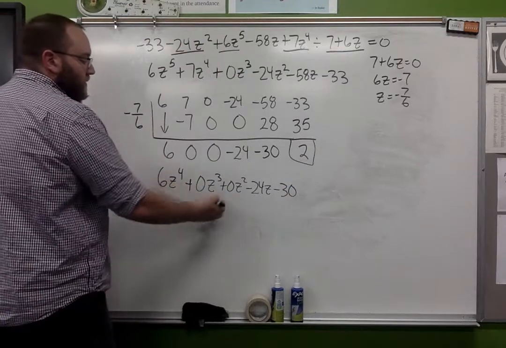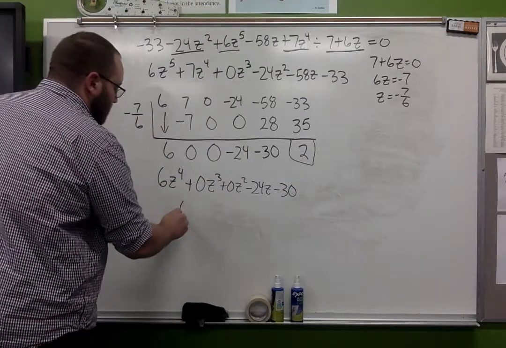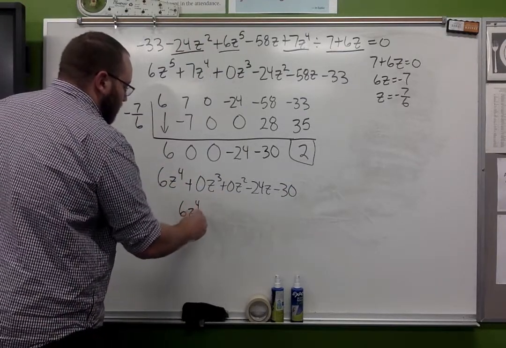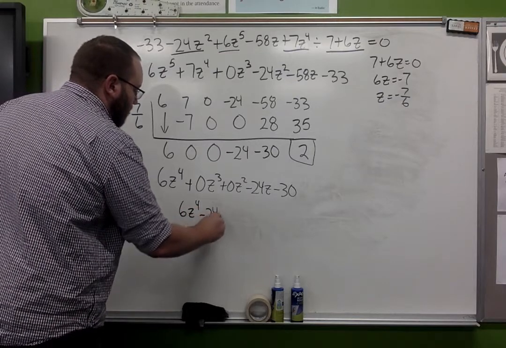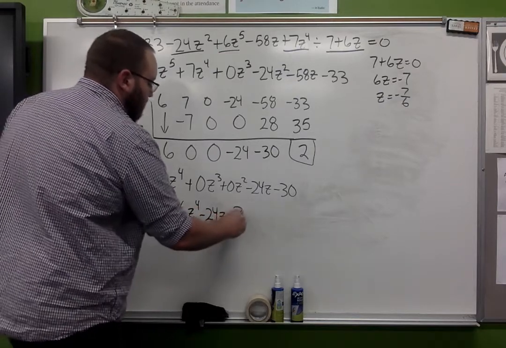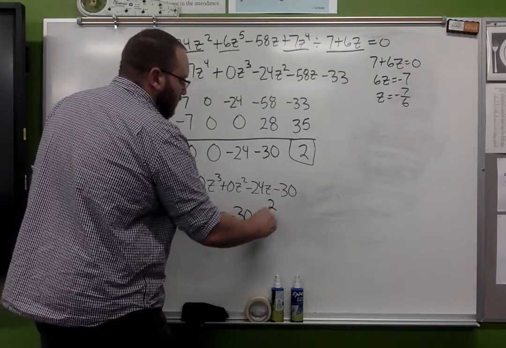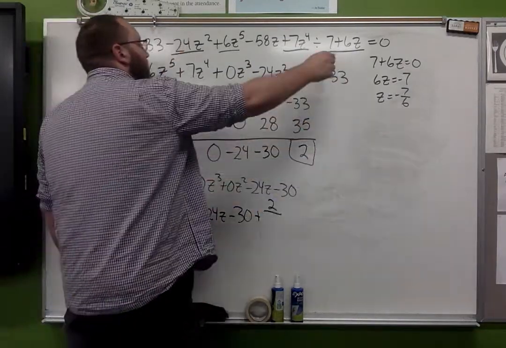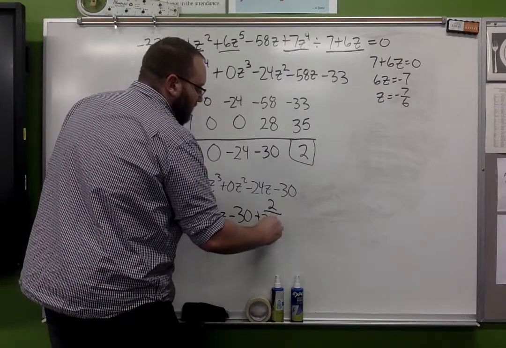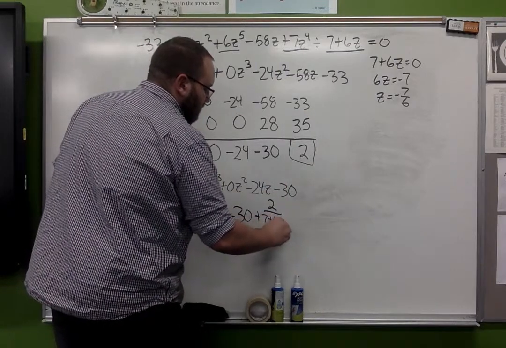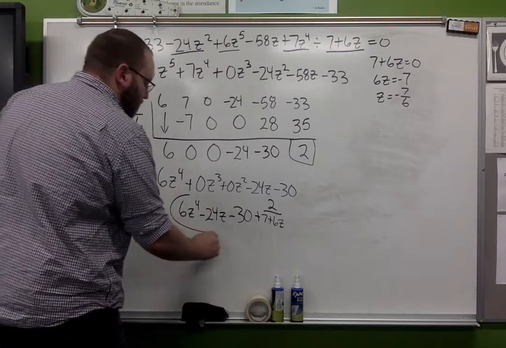We don't need to write this, so I'm going to simplify. 6z to the 4th minus 24z minus 30. Remainder of 2, so plus 2 divided by, what did we divide by originally? 7 plus 6z. And boom, we're done.